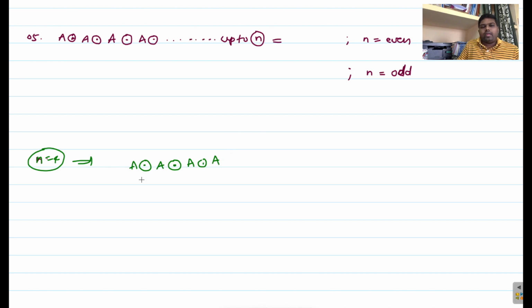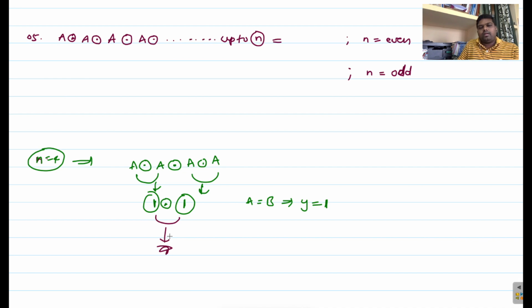If you perform these two and these two, A XNOR A is nothing but 1, and this one will also become 1. So now both the inputs are the same. When both the inputs are the same in an XNOR gate, y equals 1. Here also input 1 and input 1, so obviously the outcome you will get is 1 only, right? The output equals what?